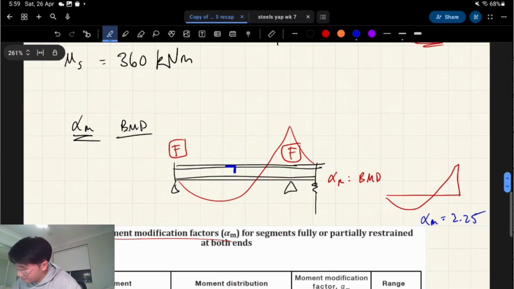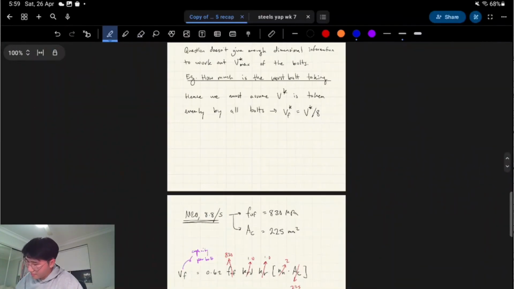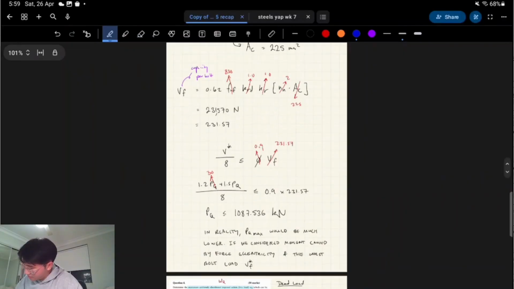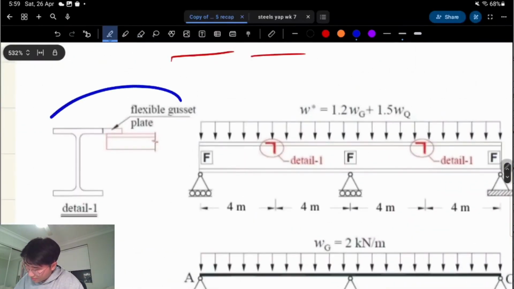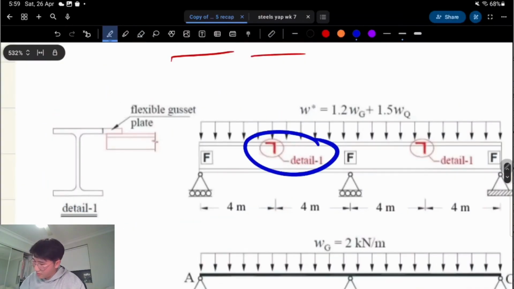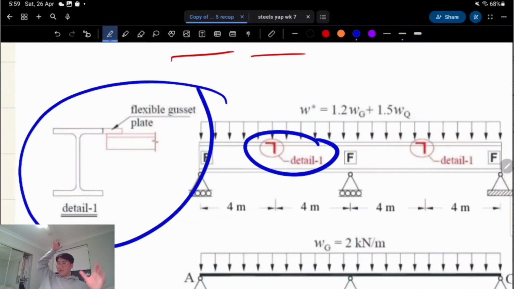Let me just show you. There was an equal angle. Here we go. Detail 1. There's an equal angle attached to a flexible gusset plate, which restrains the top flange from lateral movement.